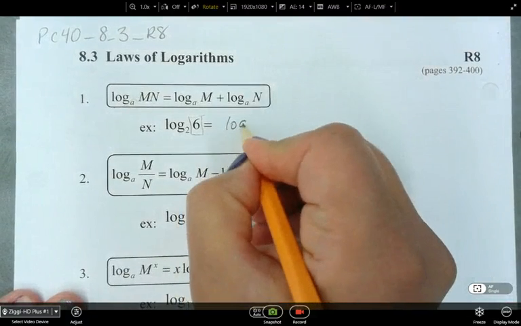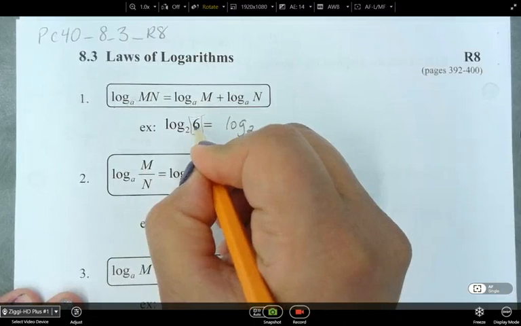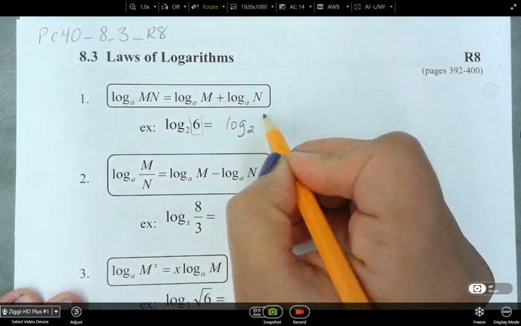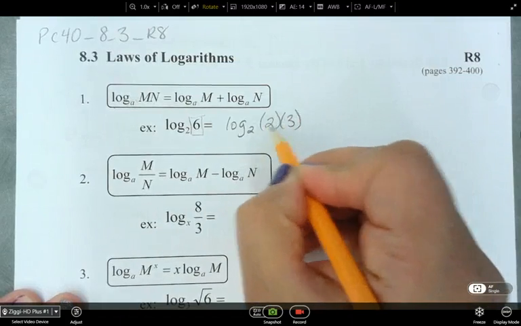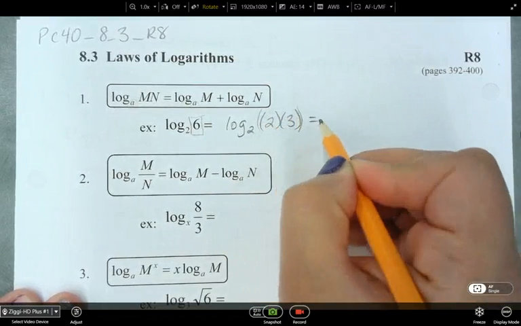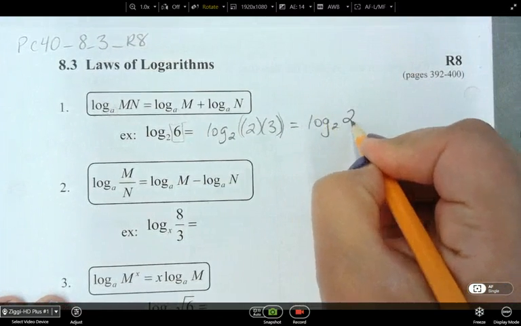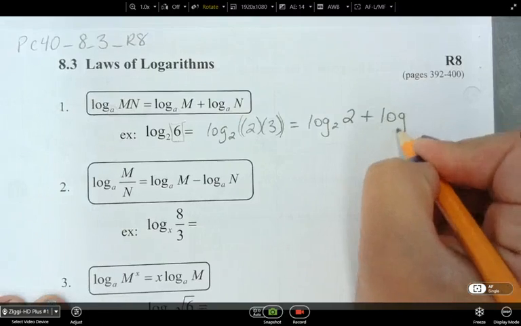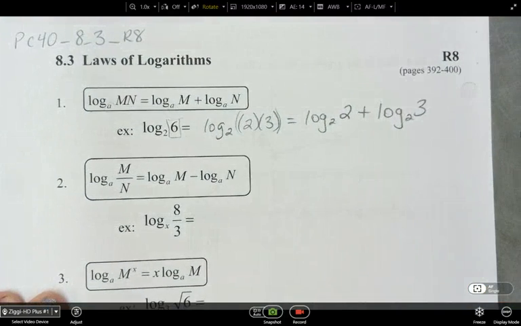So if I were to rewrite 6 as 2 times 3, I could rewrite it so that I've got log base 2 of 2 plus log base 2 of 3. Okay, so we're just splitting it up.